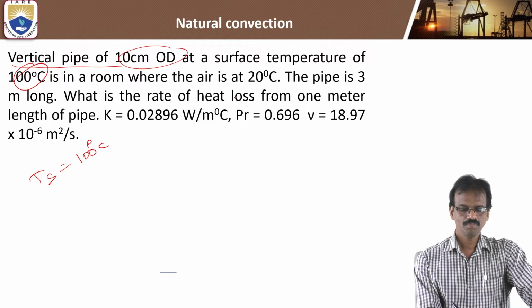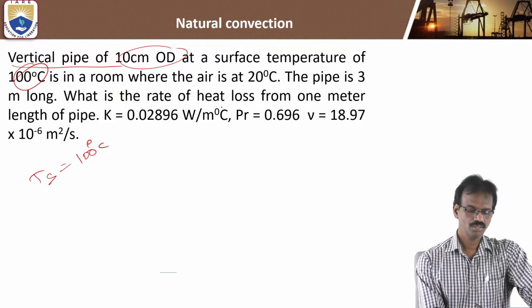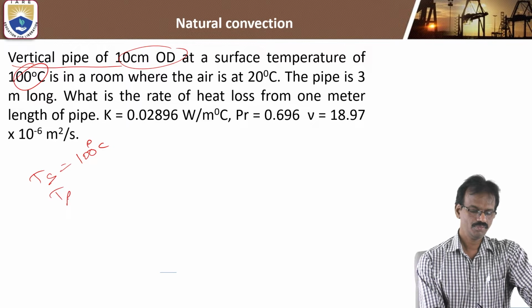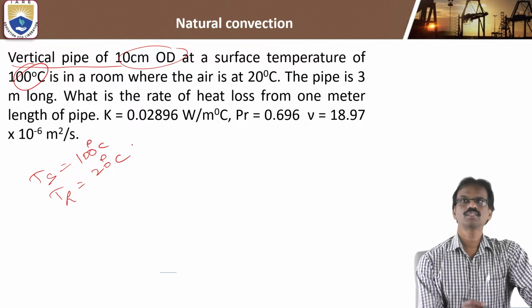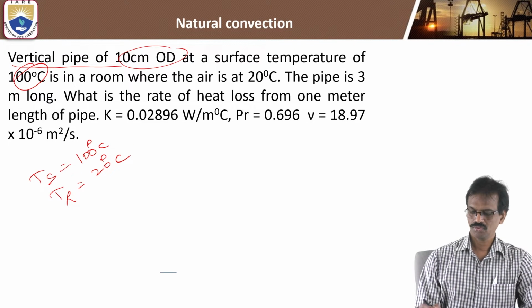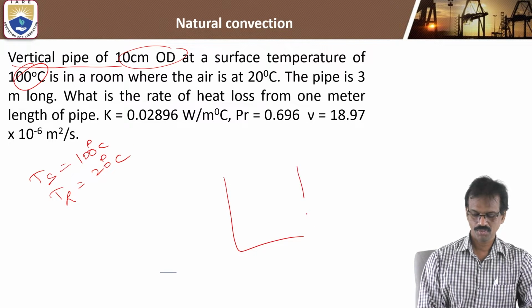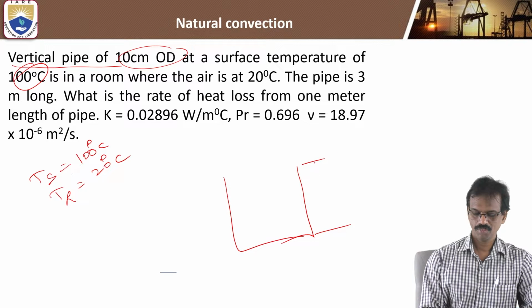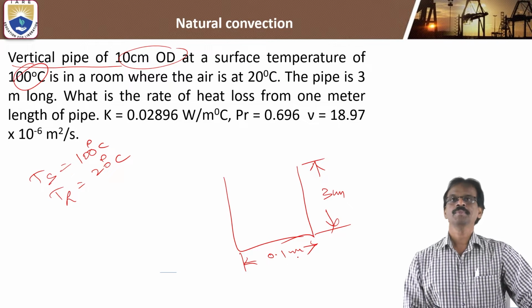It is in a room where the air temperature, that is T infinity, is equal to 20 degrees Celsius. The pipe is 3 meters long, so in vertical position the length of the pipe is equal to 3 meters. The diameter is 10 centimeters, it means 0.1 meters.